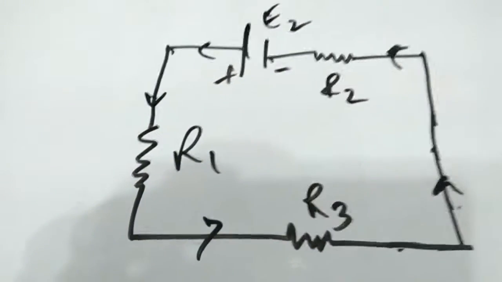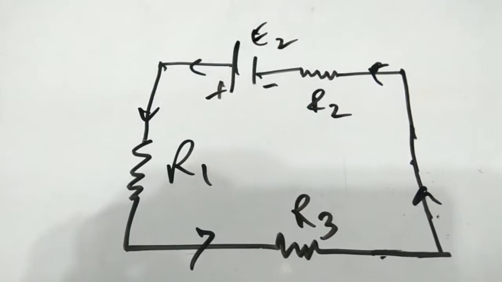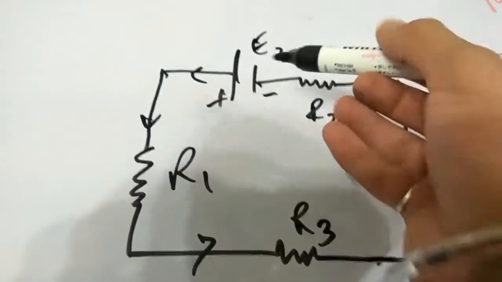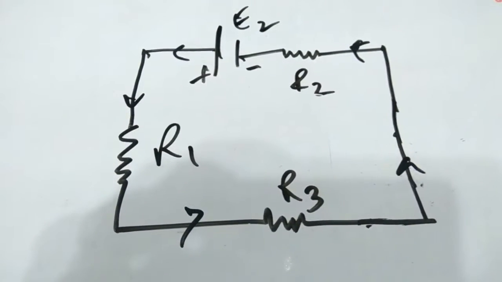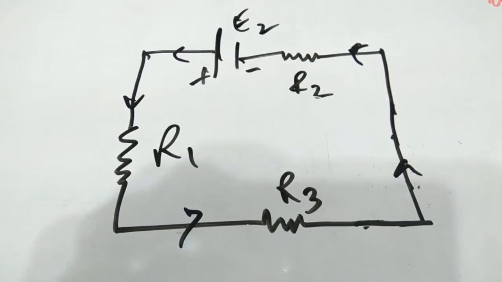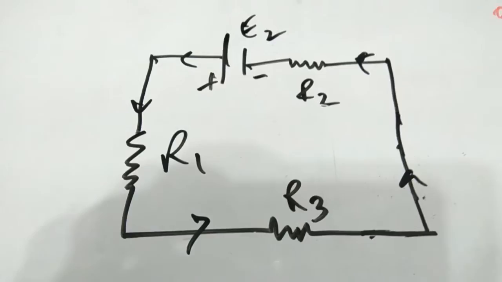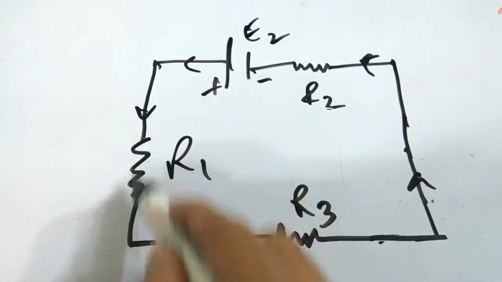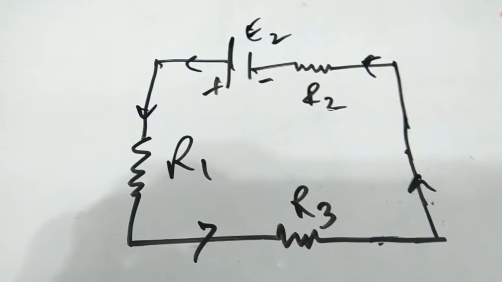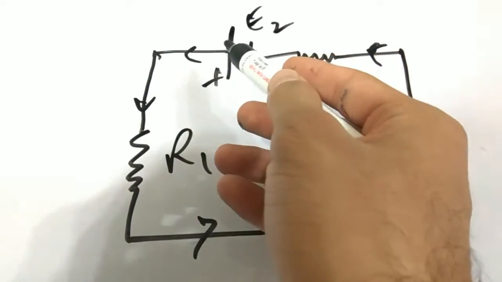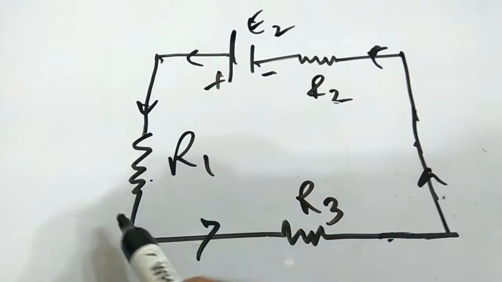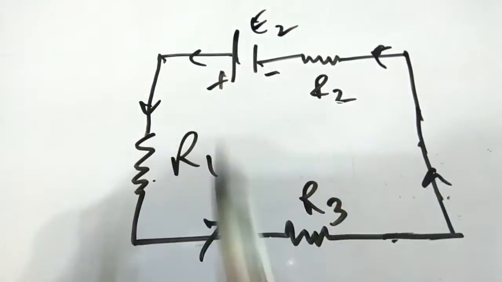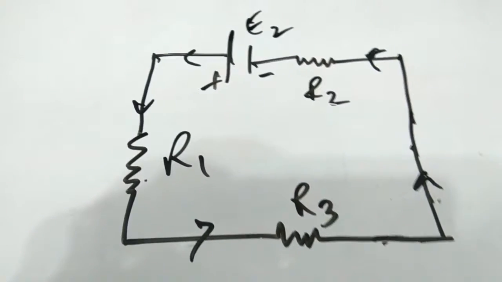So the sign convention says that if we are taking things in the direction of the conventional current flow, then if we cross a resistor, the potential difference across this resistor will be taken as negative. If we go opposite to the direction of the conventional flow of current, it will be taken as positive.